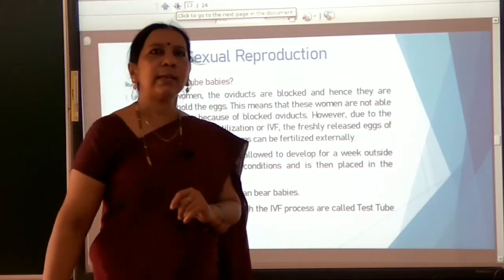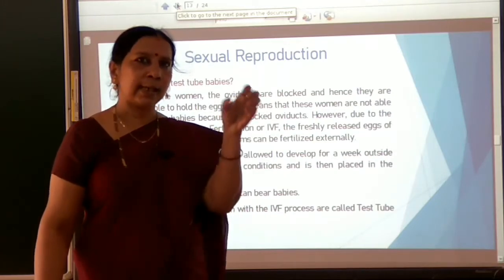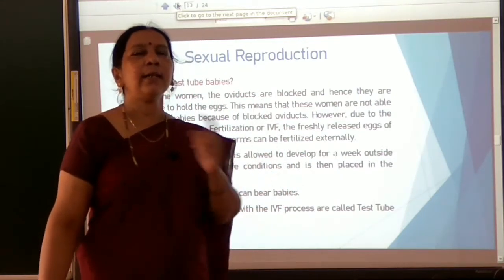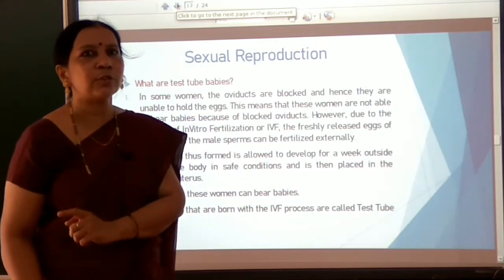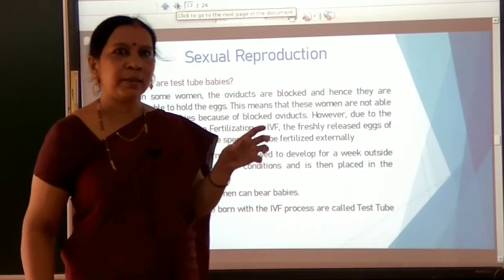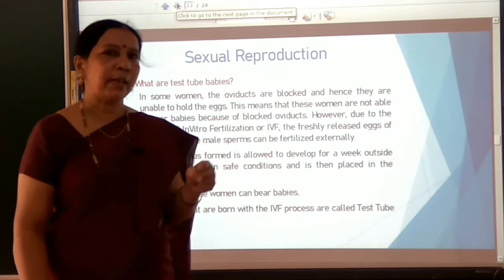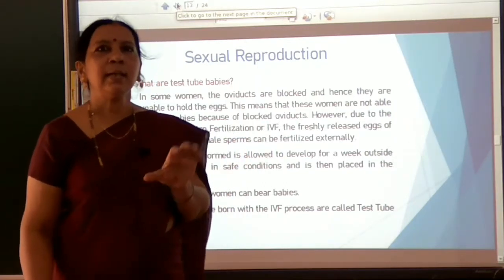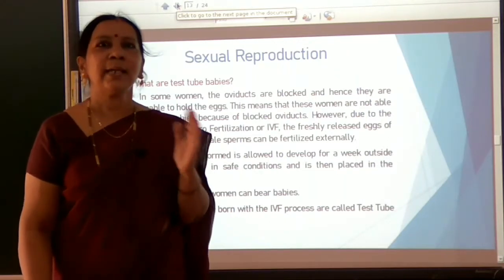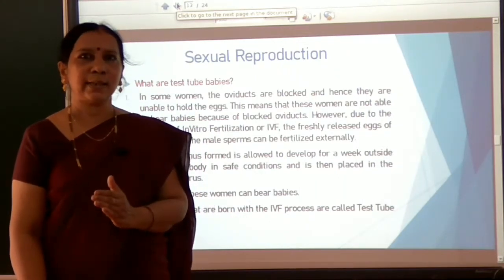In such cases, the doctors collect the freshly released egg from the female and freshly released sperms from the male, and in the outside environment in a petri dish in the laboratory, they are allowed to fertilize outside the body. They conduct in vitro fertilization.